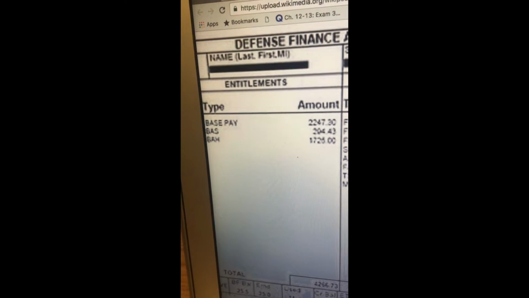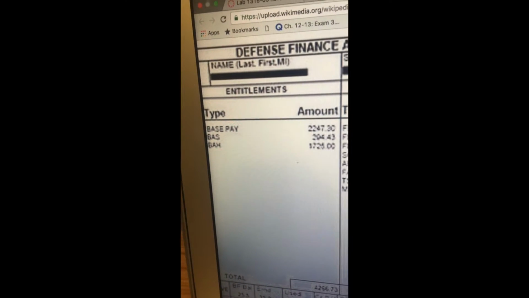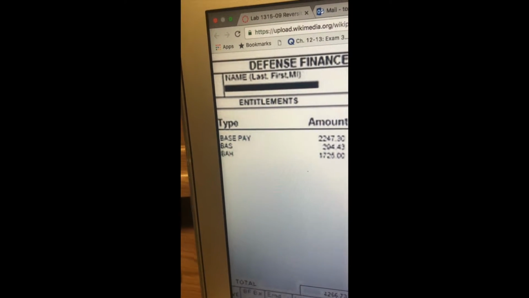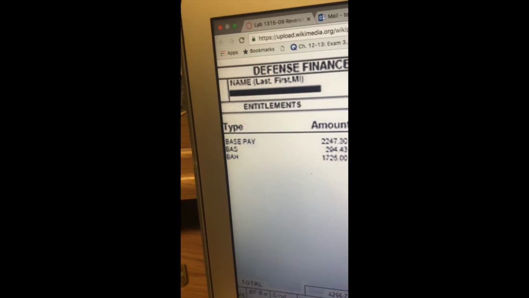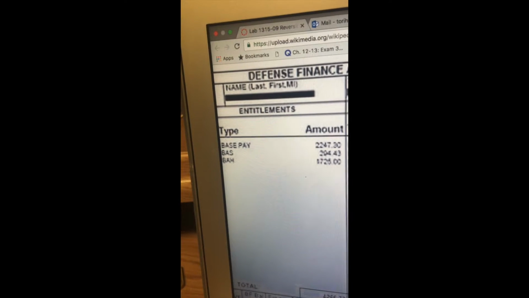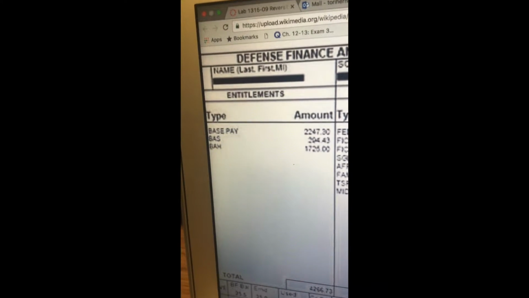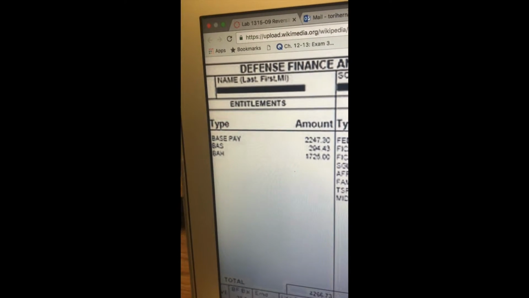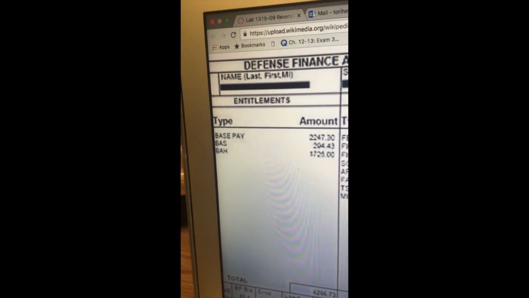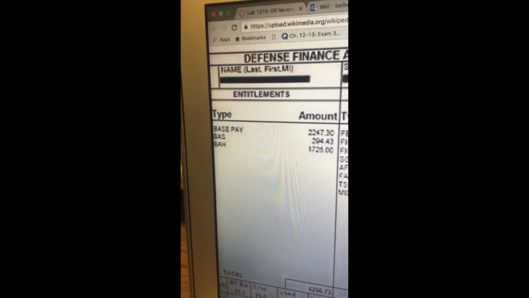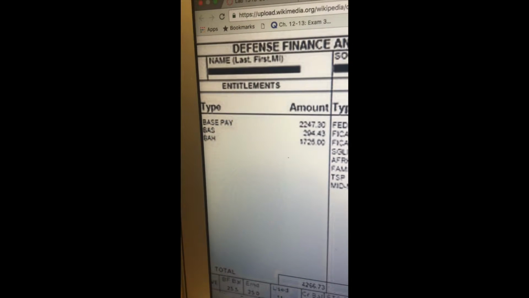On this example, we see BAS, which is the basic allowance for subsistence, and it's tax-free money the Army pays soldiers who are not relying on the dining facilities for all of their meals. So if you're not eating on base, you get the BAS. There's also the basic allowance for housing, and that's tax-free money that the Army pays soldiers for housing.